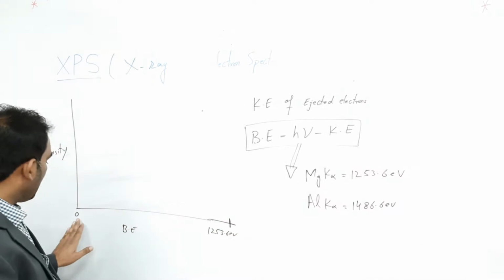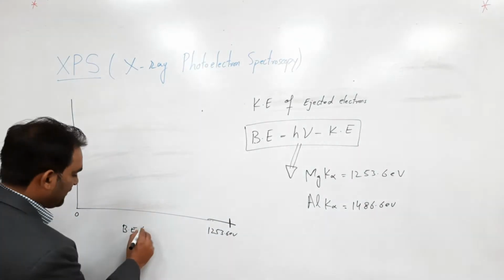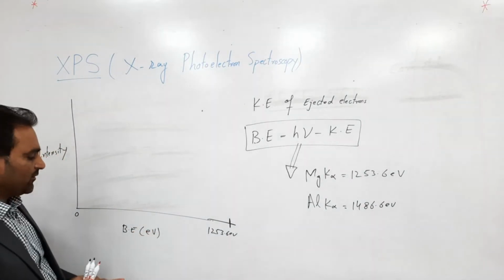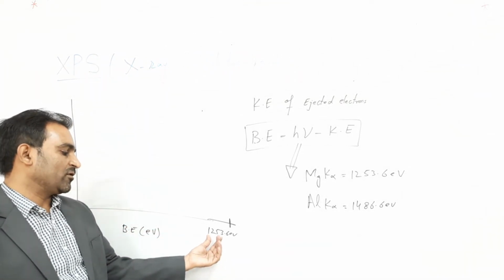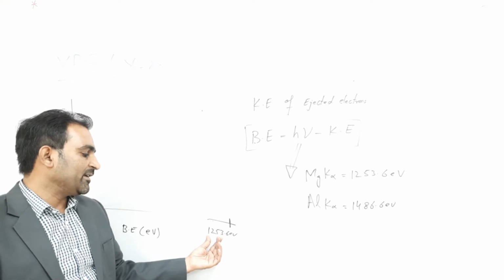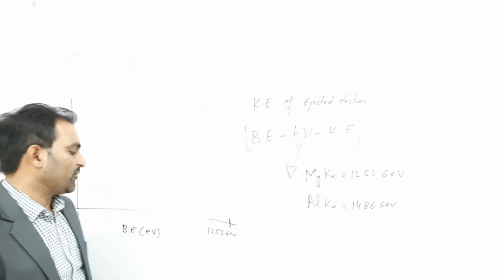Suppose here you have 0 binding energy in electron volt, and then you have maximum binding energy equal to 1253.6 electron volt.